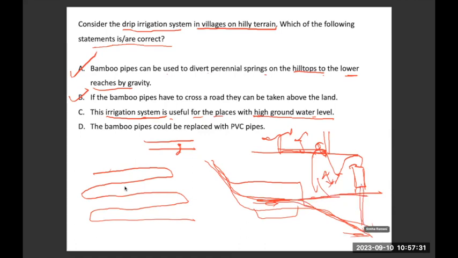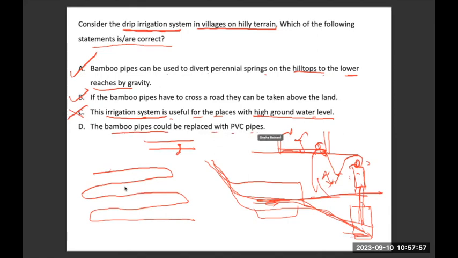In this kind of pump system, the pipe goes deep but cannot go deeper than 3 or 4 meters, 1 or 2 meters, which means only with a high water table is the pump irrigation system used. Here we are talking of drip irrigation system, not pump irrigation system, hence option C is not possible. Option D: bamboo pipes could be replaced with PVC pipes.